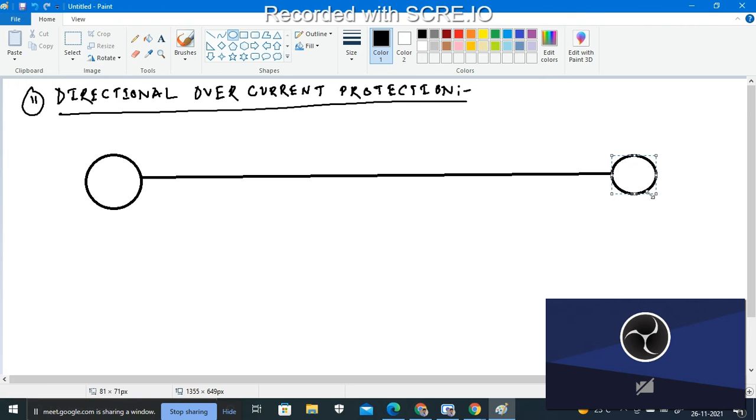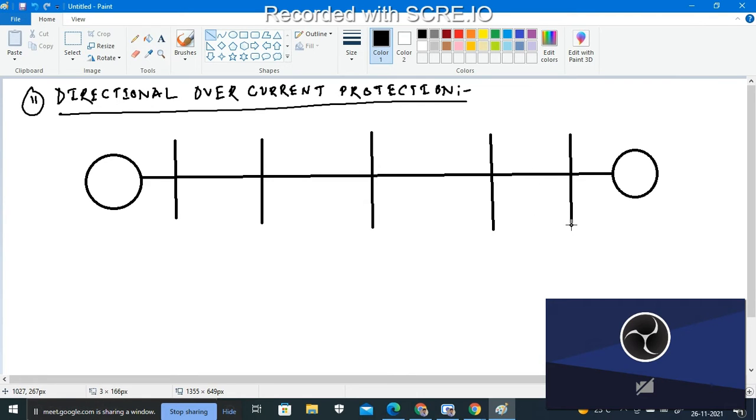Example 2. Consider the network connection in the figure.